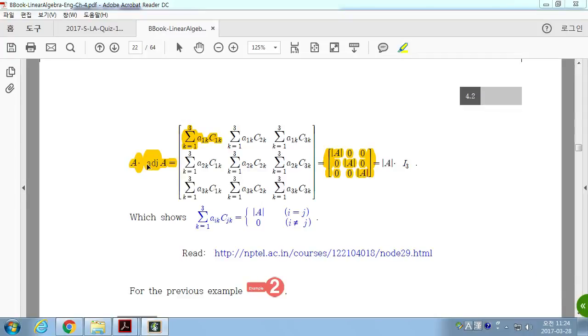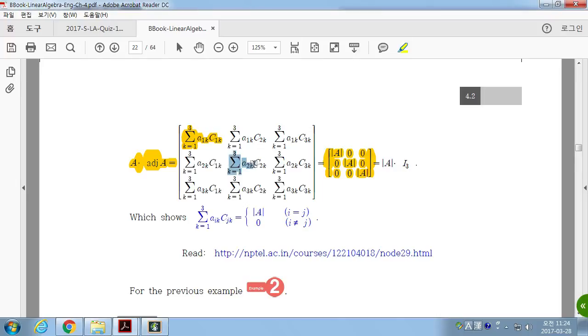So A times the adjugate of A, the 1-1 entry should be A11 C11 plus A12 times C12, because the 2-1 entry of the adjugate of A is C12 and the 3-1 entry is C13, because the adjugate is the transpose of the Cij's.